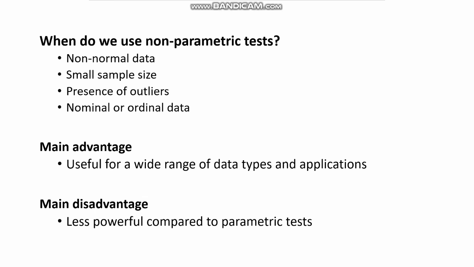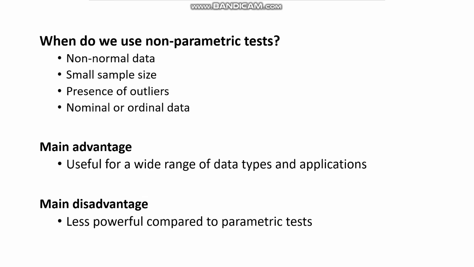In most cases, the distribution is skewed, the sample size is very small, or there are some outliers in the data. So non-parametric versions in those cases are preferred.